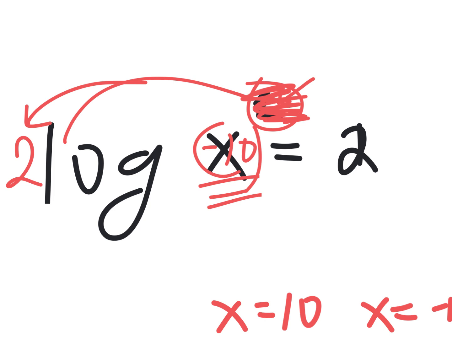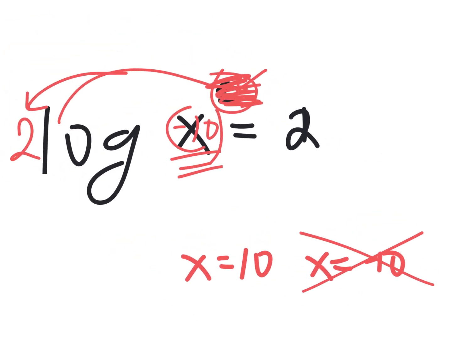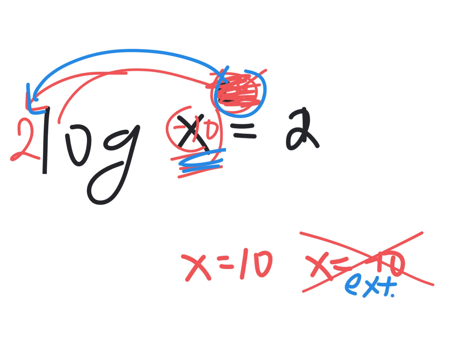So that negative 10 is not allowed, period. If either of the two forms you could write it in causes it to fail, like by moving the 2 here, then that one's out as extraneous. Does that answer your question well enough? Okay, good. So if it fails under any circumstances, then that one is extraneous.